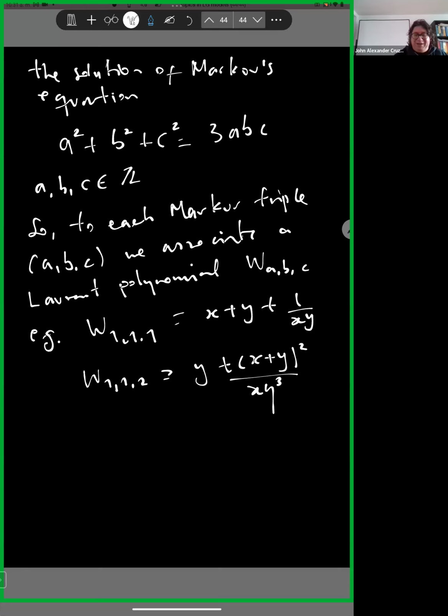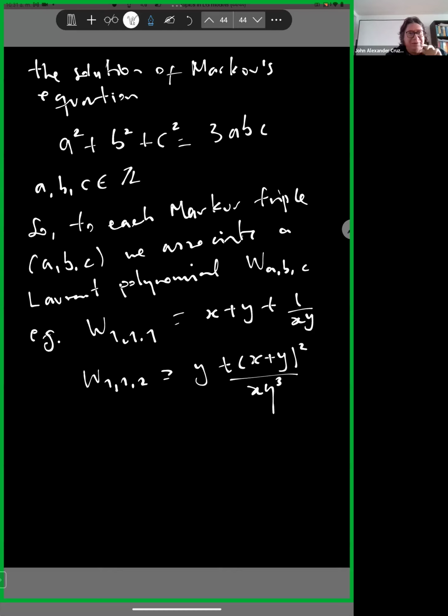Maybe you know that the Markov equation appears in many other contexts. In particular, if you consider the derived category of coherent sheaves of P2, and you consider the mutations in the context of the exceptional collection, the combinatorics of this is also related to the Markov equation.